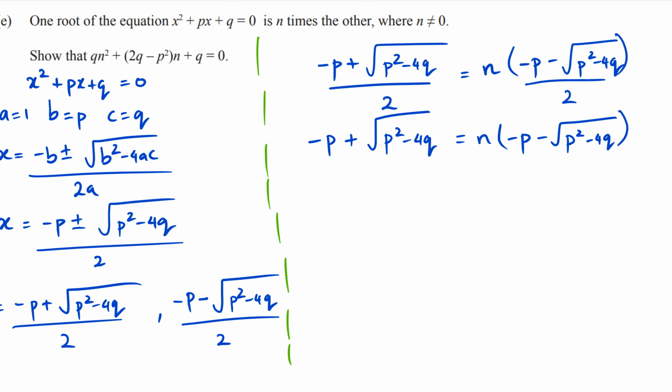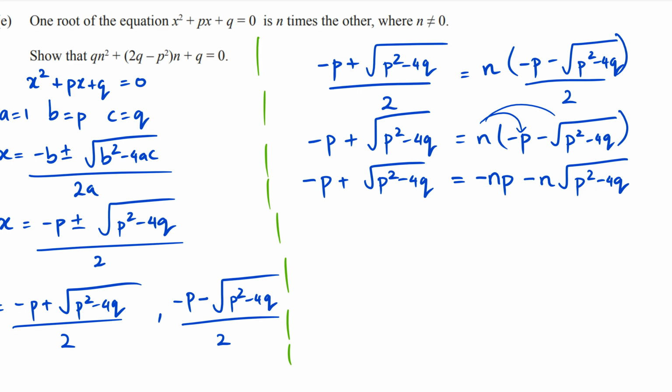Now what I need to do is expand the brackets on the right hand side. So I'm going to get minus p plus the square root of p squared minus 4q equals n times negative p, which is negative np, minus n times the square root of p squared minus 4q. So all I've done there is n times negative p, and then n times whatever's next to that square root symbol. At this point I need to rearrange things so that I can factorize.